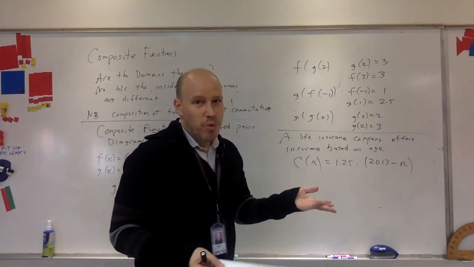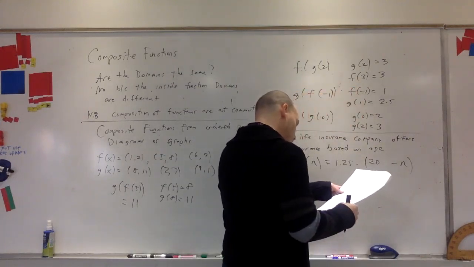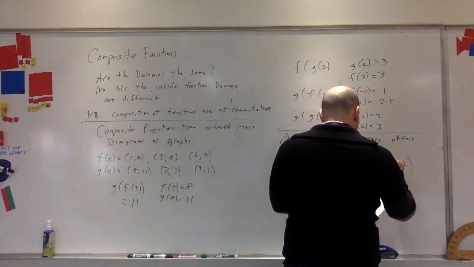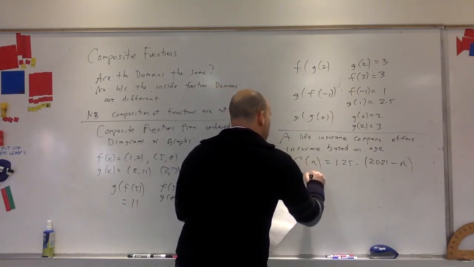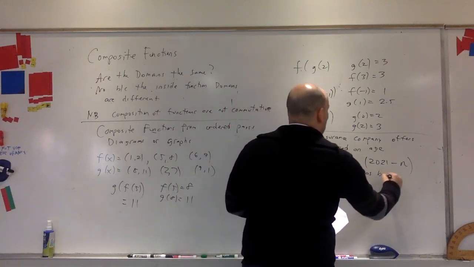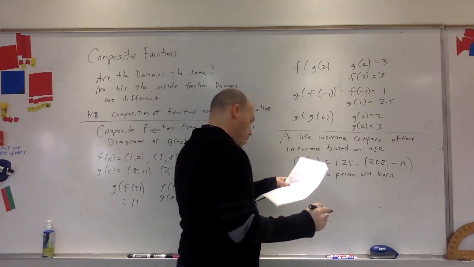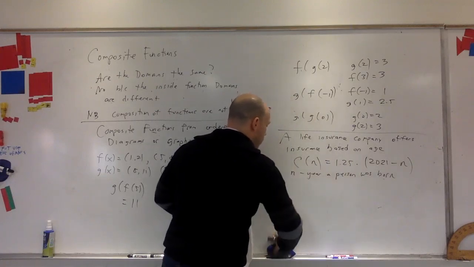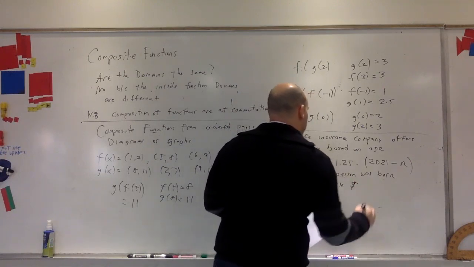Now, assume this book was written in 2017, so let's change it to 2021. So n is the year a person was born, and C of n is the cost in dollars.